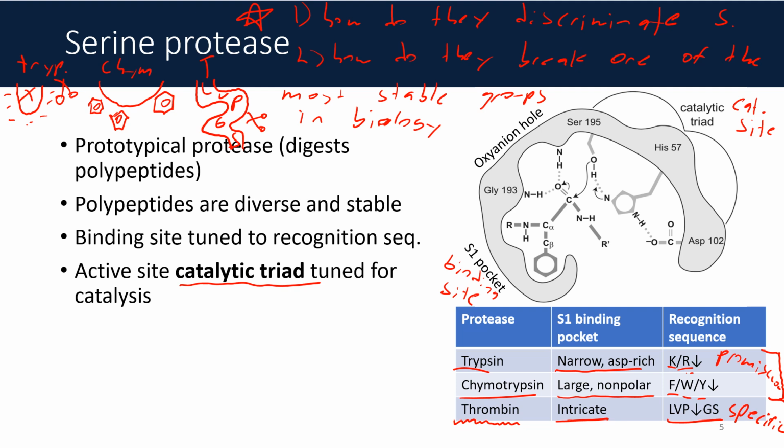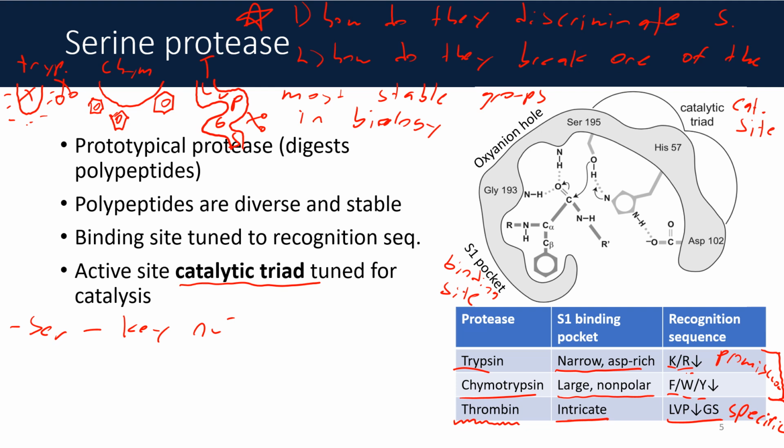The 3 key players of most catalytic triads are, first and foremost, serine. The role of serine is to serve as the key nucleophile for attacking the amide bond.